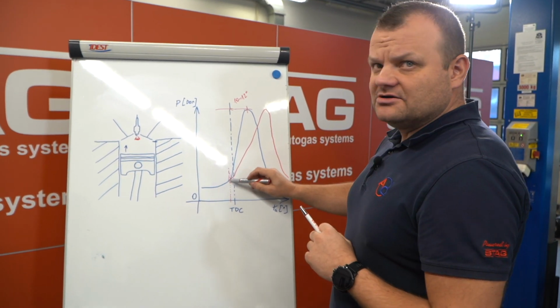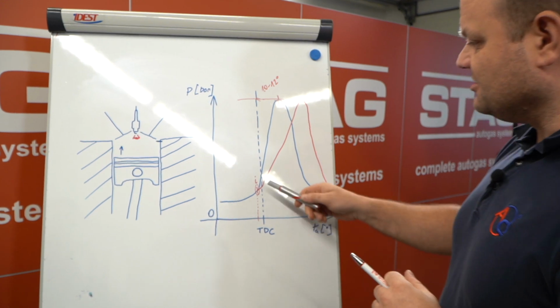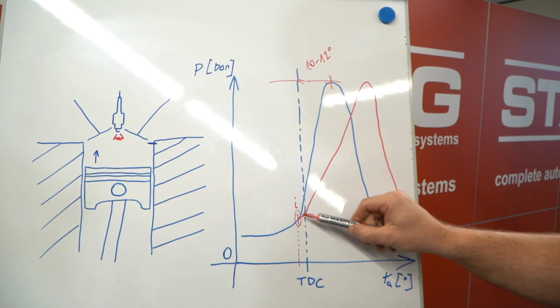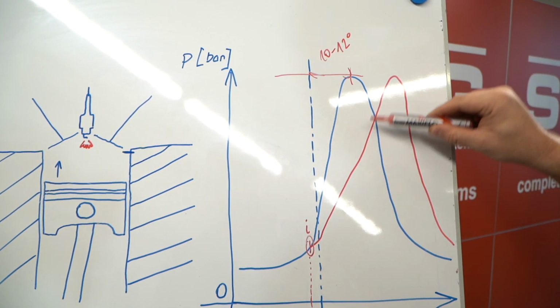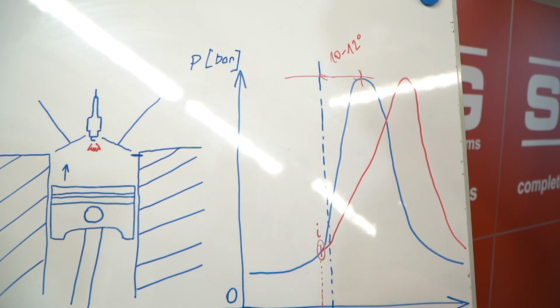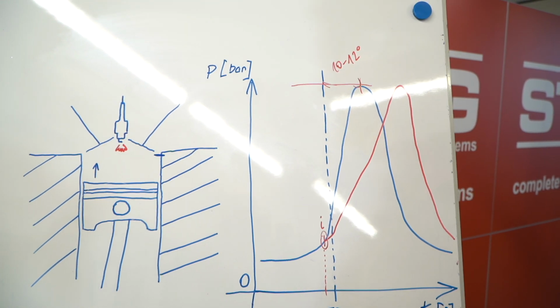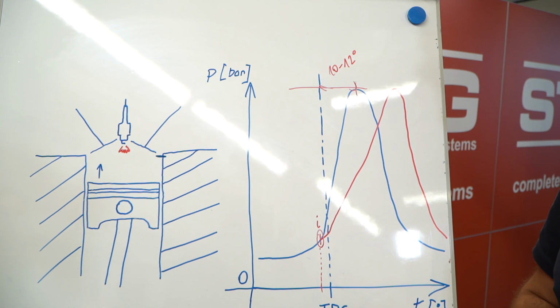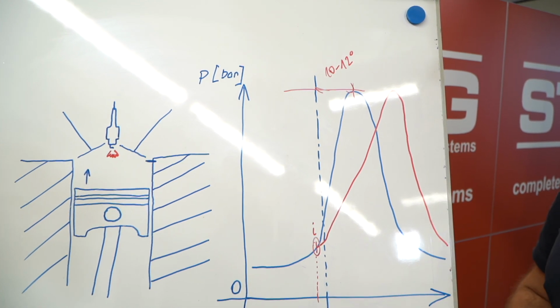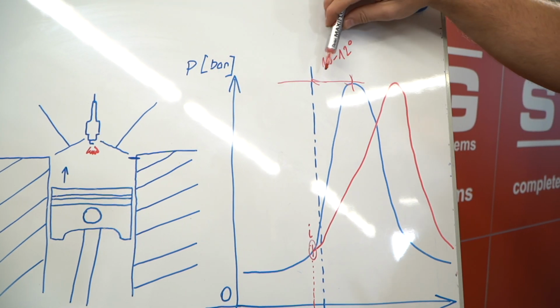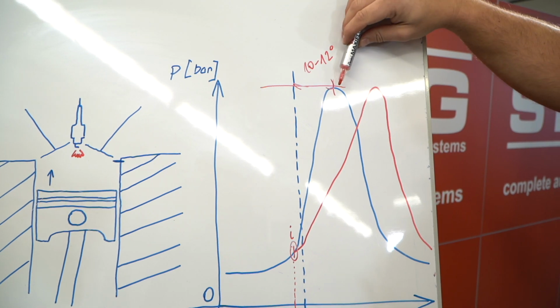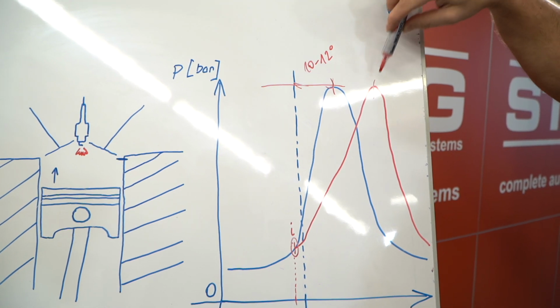if we start burning at the same ignition angle, the pressure rises in a different way. The main reason is that they are chemically different, and the burning time of petrol is much shorter compared to burning CNG or LPG in the cylinder.